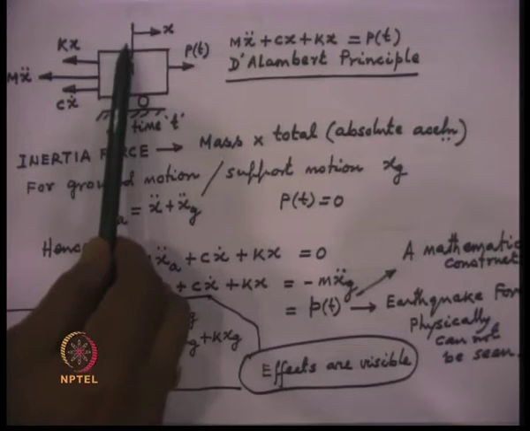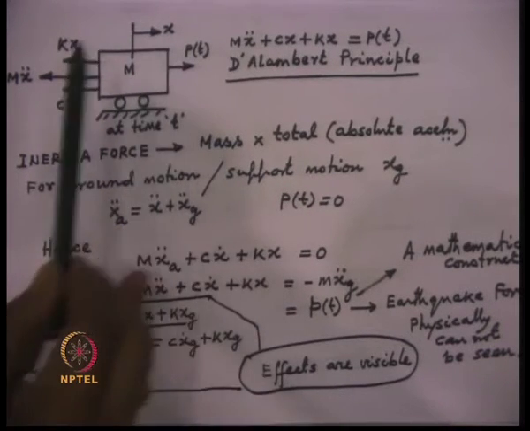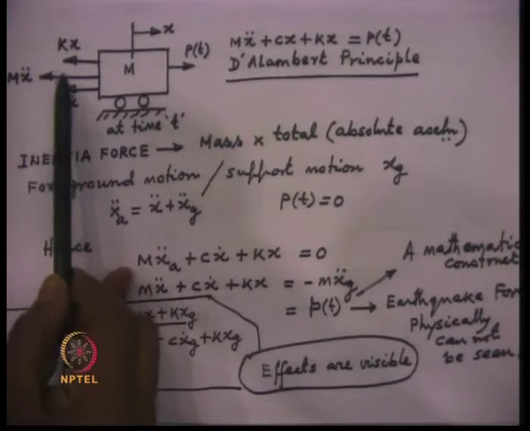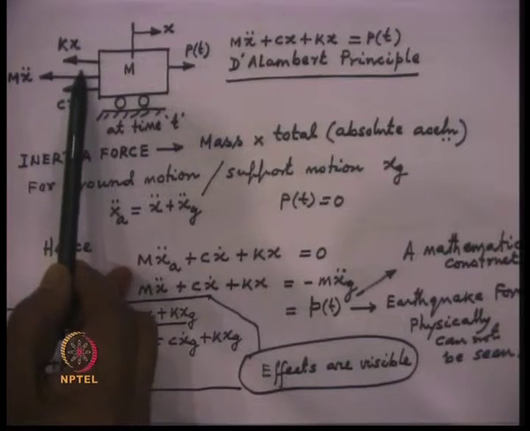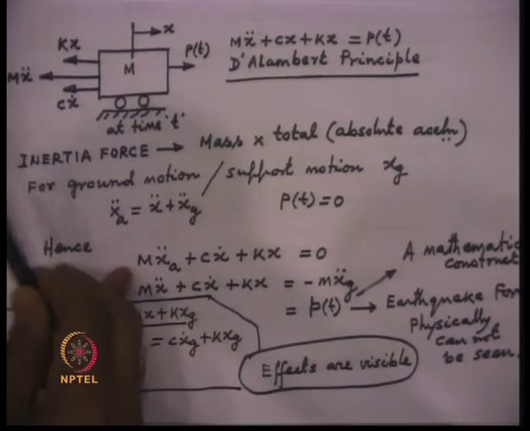Similarly, if the mass is displacing in this direction, then the restoring force developed in the spring will be kx, and this will be acting opposite to the direction of the motion.